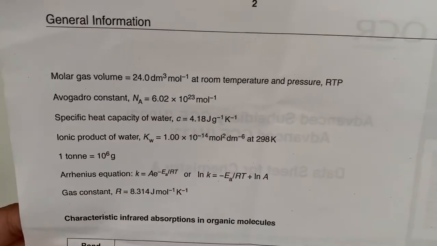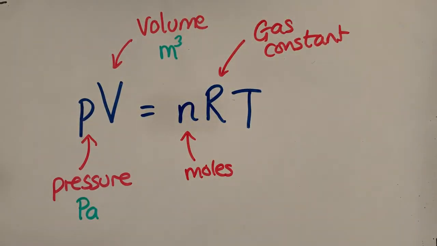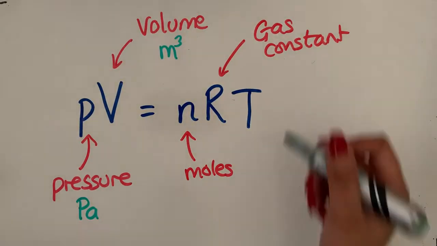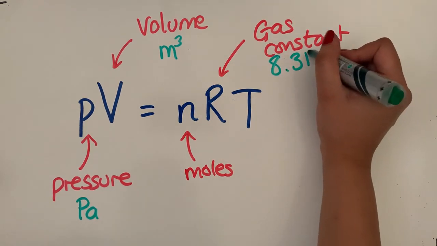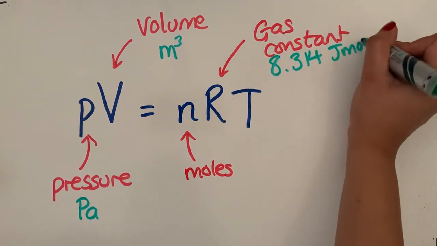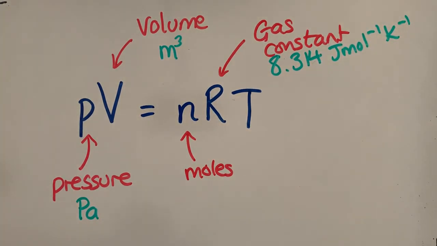If you open the data sheet, the gas constant R is written down there. It is always 8.314 joules per mole per Kelvin, but as I said, that's given to you in the data sheet. It's not something you should spend time memorizing.